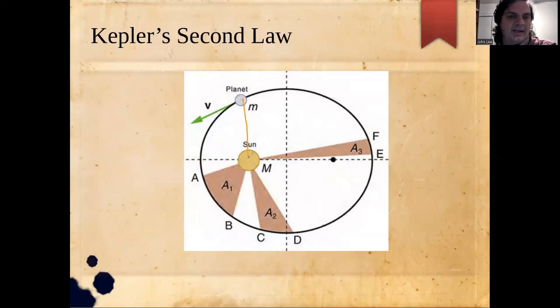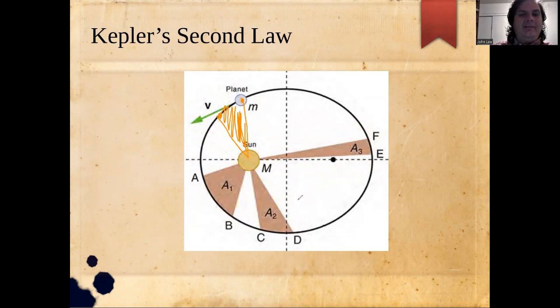I have this line from the sun to the planet, and then after some time interval, it doesn't have to be the period, just some time interval, you go from here to here, and that area that you sweep out is going to be an area.